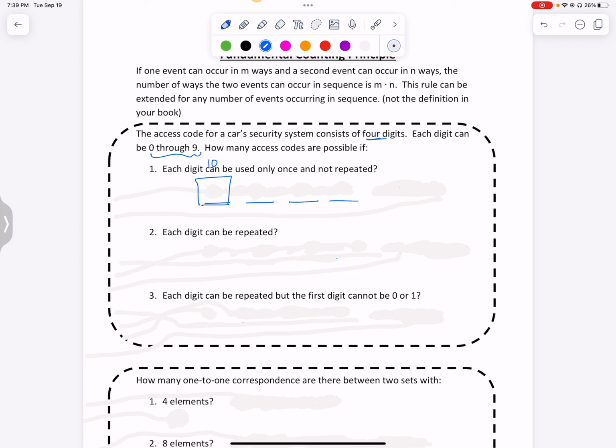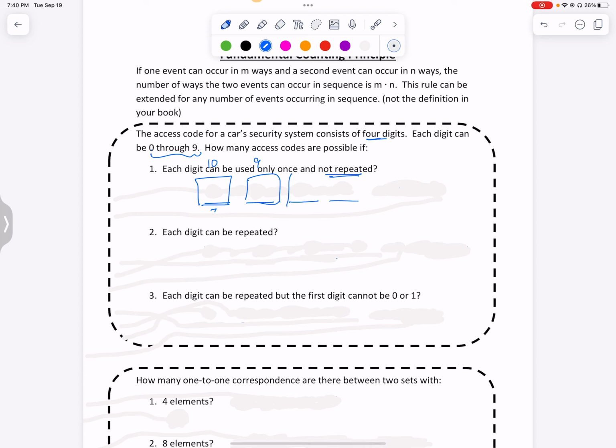Let's say we put a 7 in there. Notice it says you cannot repeat it, so once you put a 7 here, you can't use it. So now instead of 0 through 9, I've got 0 through 9 without the 7. So I have 9 that I can choose from for this next one.